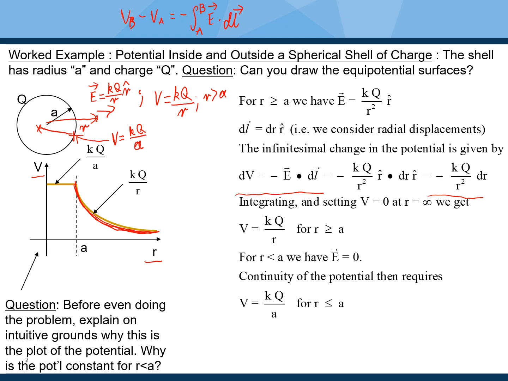That means that the potential at this point on the interior of the shell, anywhere inside the shell, should indeed be the same as kq divided by a. Recall that the potential cannot have jumps at any location, and therefore the only way we can avoid a jump and have the same potential everywhere inside the sphere is if the potential is exactly flat and equal to kq over a at all points inside the sphere.